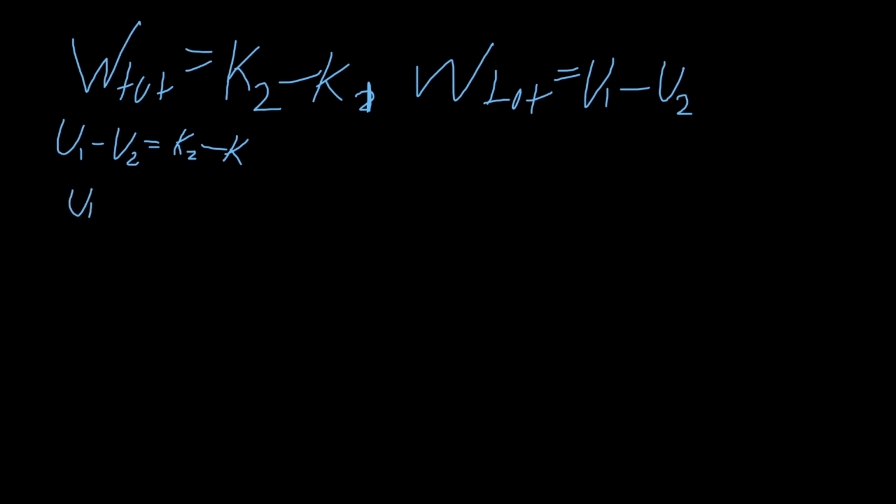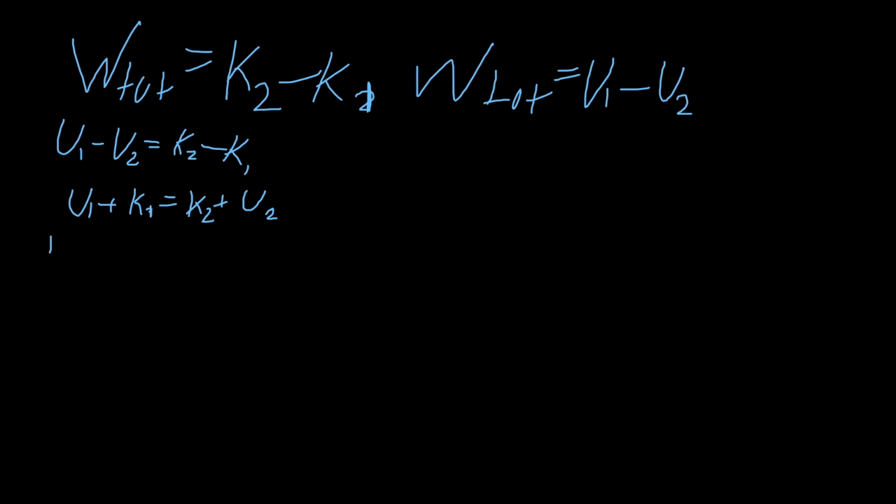So that leaves us with U1 plus K1 is equal to K2 plus U2. And this gives us the version of our work energy theorem when the object is only being affected by a gravitational force.